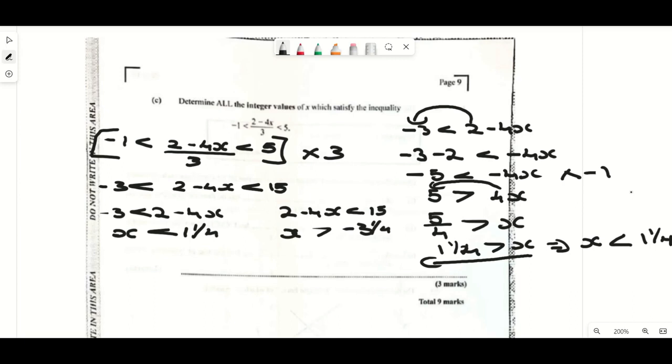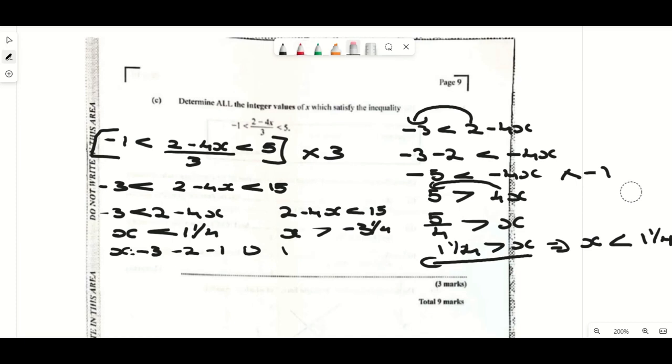So that means x so far would be negative 3, negative 2, negative 1, 0, 1, 2, 3, and it could go on. But then we have where they said x is less than 1 1/4. So that will stop right here, right? Because 1 is less than 1 1/4.